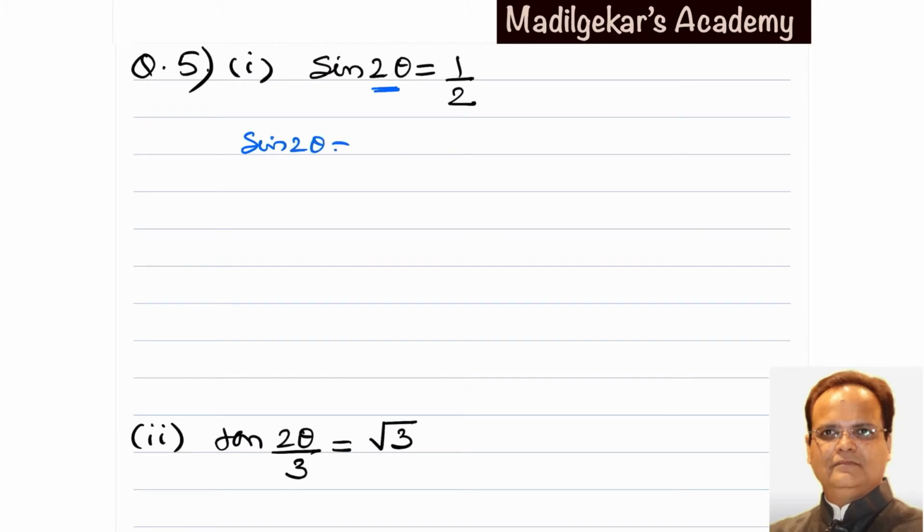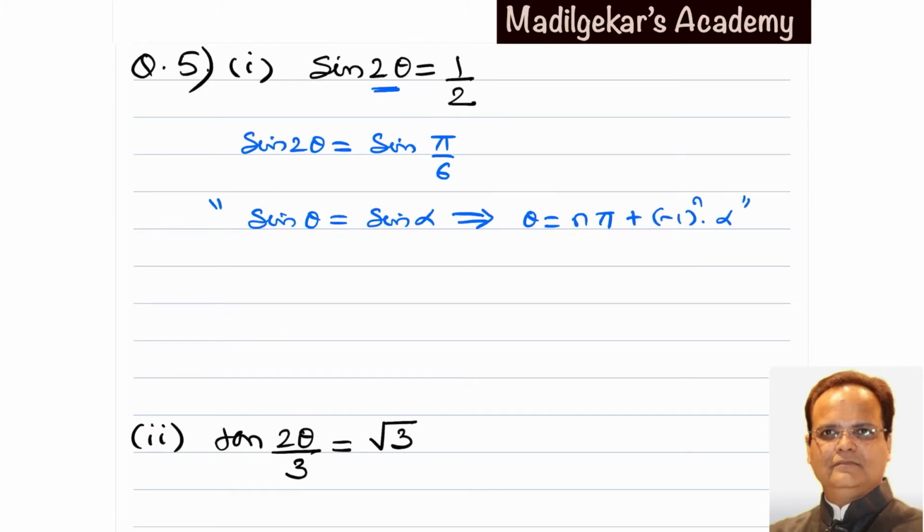Sine 2 theta equals 1 by 2, which means it is sine pi by 6. Again apply the formula: sine theta equals sine alpha implies theta equals n pi plus minus 1 raised to n alpha. But here instead of theta we have 2 theta in the question.